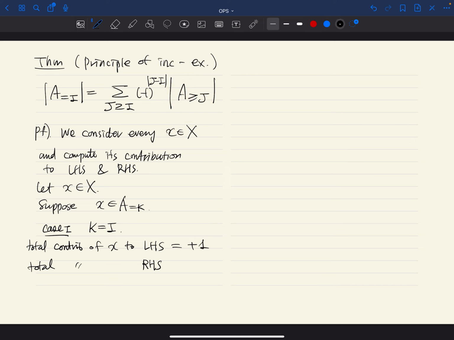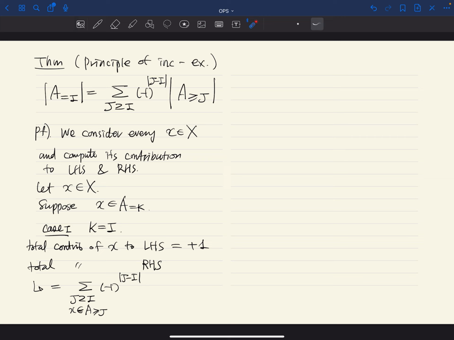By definition of the contribution, for those such that x is in A j, if x is here, we add this. Otherwise, we don't add this.